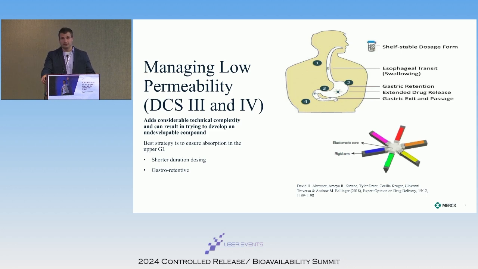That means you're going to have to cut your duration down. There have been examples of gastroretentives where you make a very large dosage form that's ideally staying in the stomach, and the drug diffuses out there, so you're just keeping the upper GI saturated, for lack of a better term, with drug.